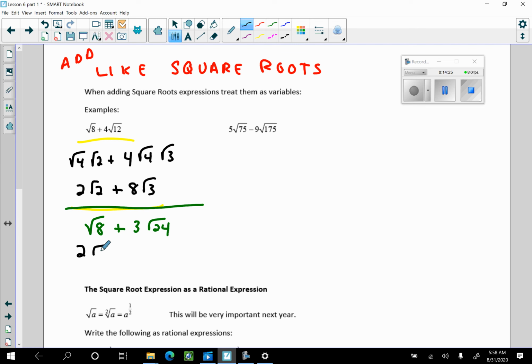And we know that 24 is going to be square root of 4 times square root of 6. And that's going to be 2 square root of 2 plus 6 square root of 6. And that is simplified as well. Okay, just for another example.